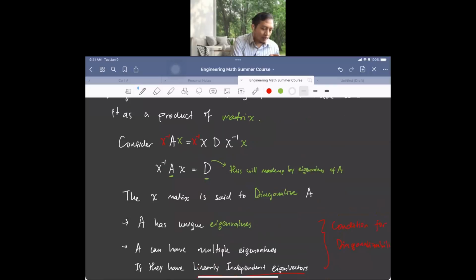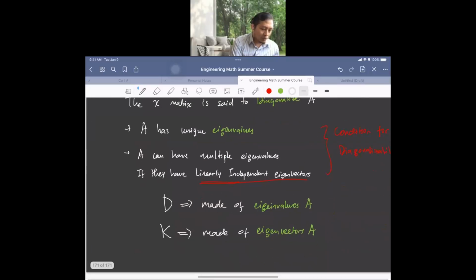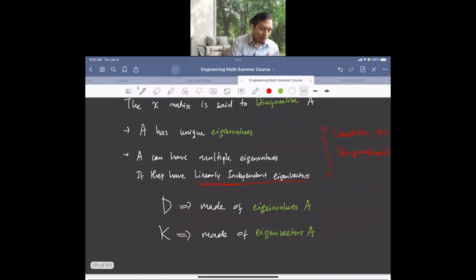So K here is made of the eigenvectors of A.